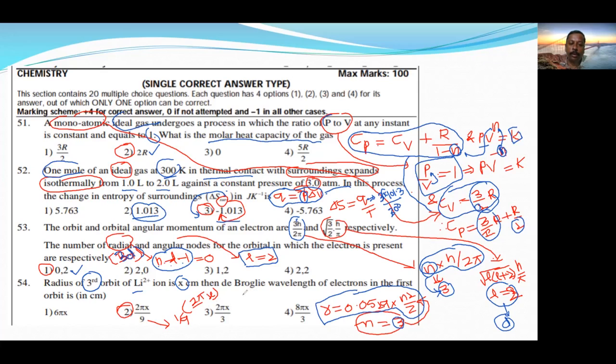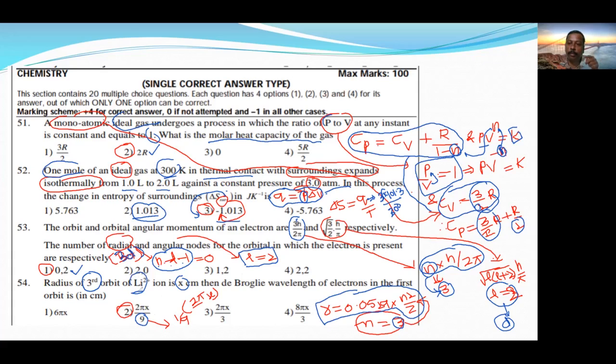You know that the third orbit contains 3 wavelengths, and the atomic number is also 3.